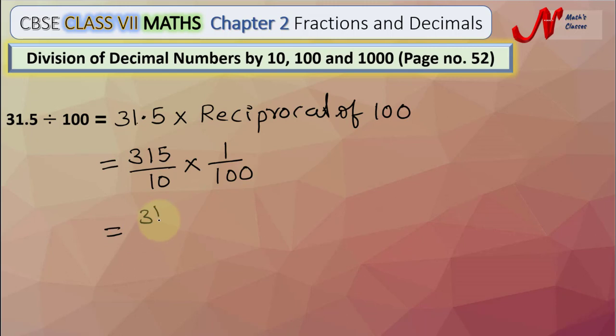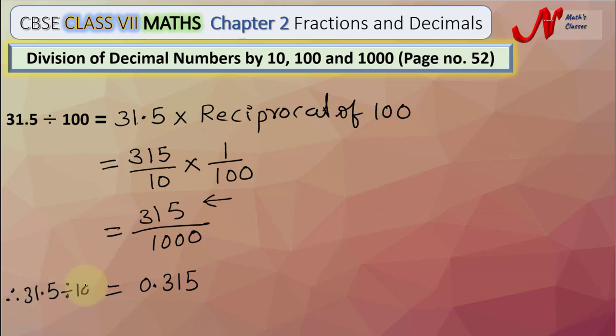It can be written as 315 by 10 into 100, and we get 1000. So in the denominator we have 3 zeros, so we keep the decimal point from right to left after 3 digits, that is we get 0.315. Therefore we can write 31.5 divided by 100 as 0.315.